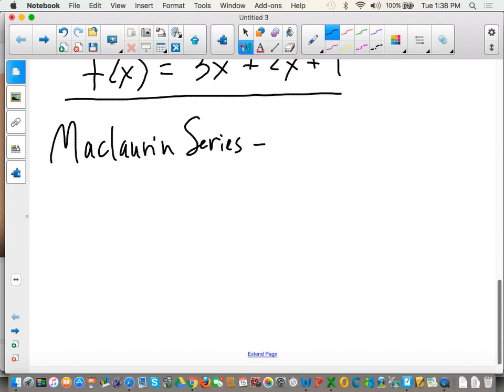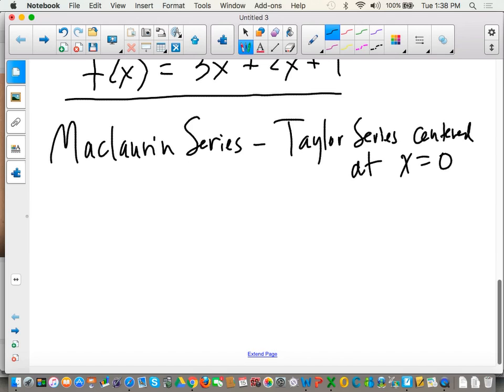The Maclaurin series is a Taylor series centered at 0. When you find a Taylor series, they always have to tell you the center. If they say find this Taylor series centered at 0, you plug 0 in for all those a's.